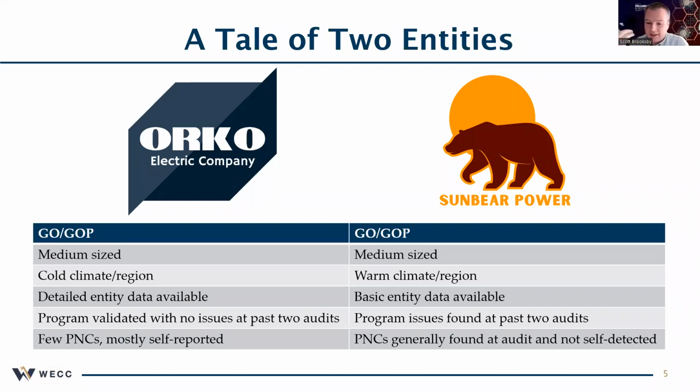Orco, in this fictional example, has not had any issues at their past audit, and has even had positive observations, whereas our audit team has continued to find issues at Sun Bear's similar past audits. Orco has PNCs that are mostly self-reported. In other words, they have detective controls, whereas with Sun Bear somebody else has to find it for them. So that's just setting up who these two fictional entities are in your mindset.